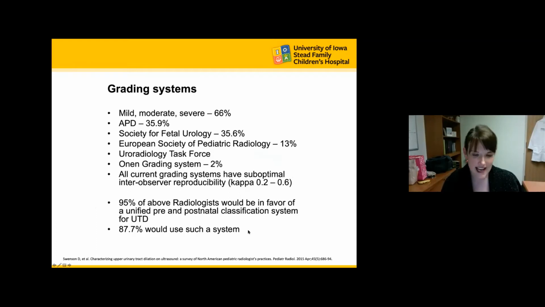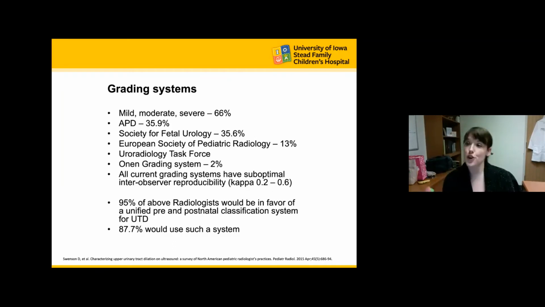There was a study in, I believe, 2015, surveying pediatric radiologists throughout, I believe, the United States. I think 19% of radiologists responded, and 66% of those radiologists were using just a mild, moderate, severe hydronephrosis classification system. Almost 40% were just using APD. 35% were using SFU.